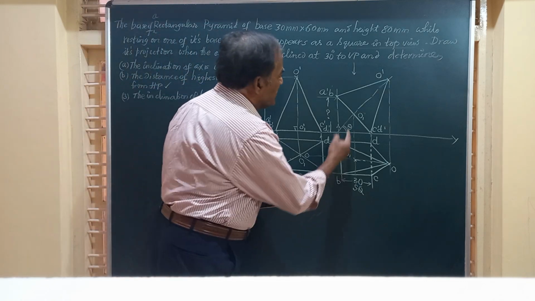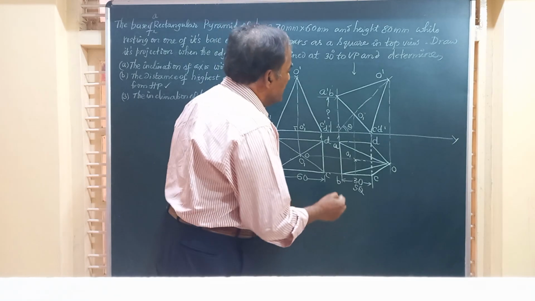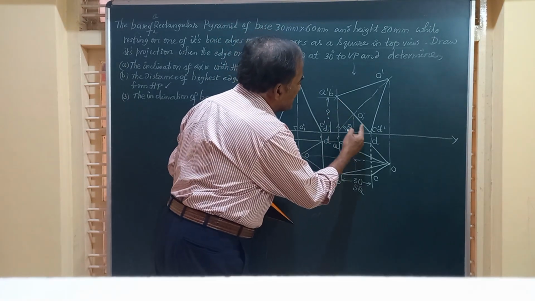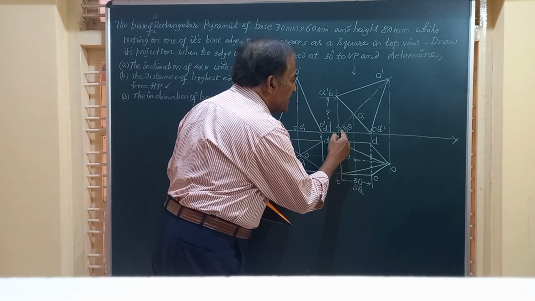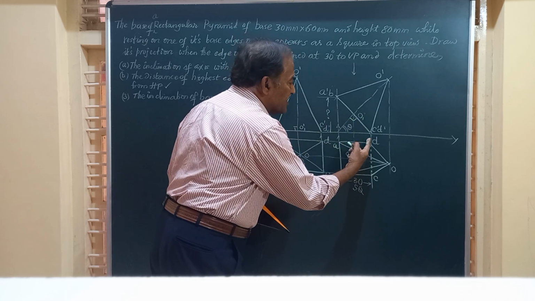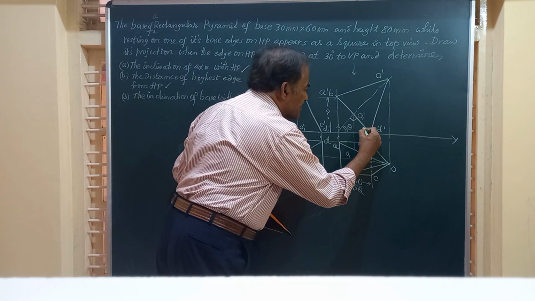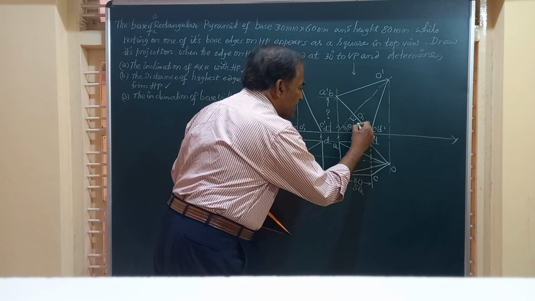See friends, the base is this line A dash, B dash, C dash, D dash, and this is the base. This angle theta we know, the axis and the base are perpendicular to each other. So the total angle here, suppose I call it as say some phi.